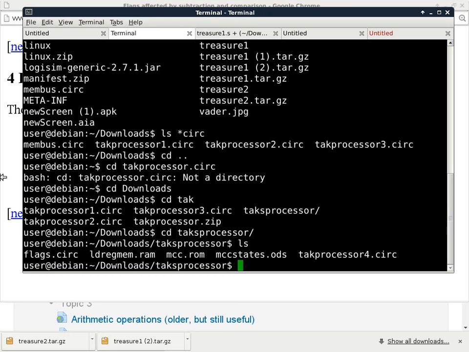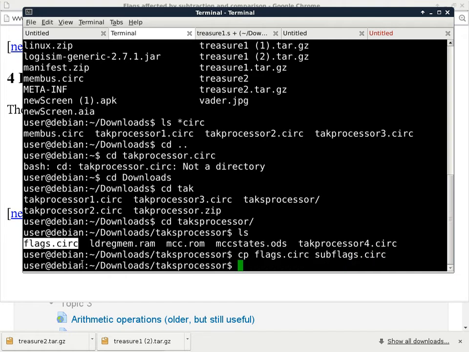Last time we talked about flags, which was only for addition. So this time we'll also do it for subtraction. In fact, what I'm going to do is copy flags to subflags. So now it's a different file.